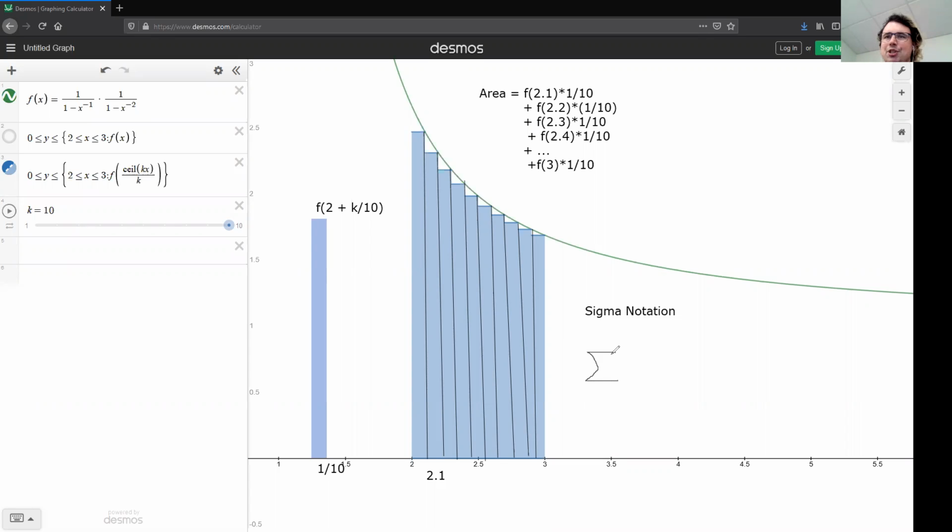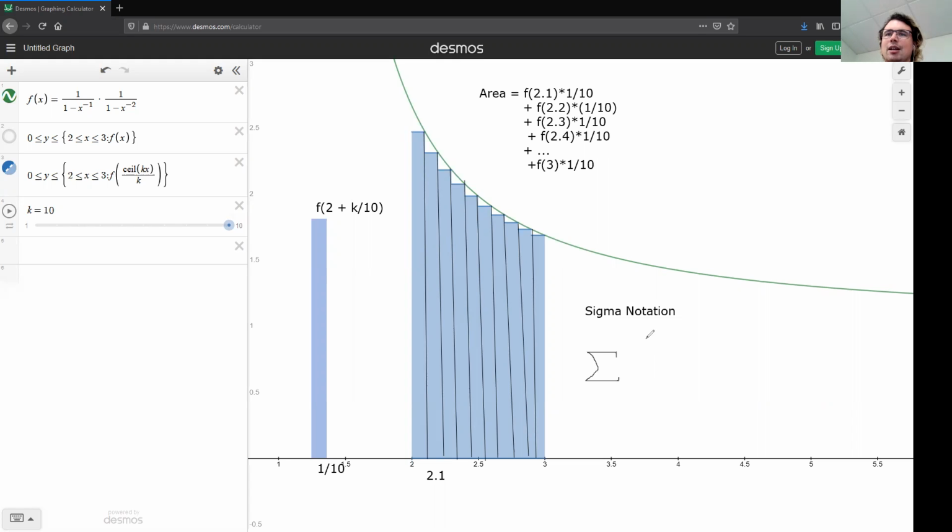So the capital sigma here, this is the Greek letter sigma. It's the Greek equivalent of the letter S in the Latin alphabet. And S is for summation. When I write this capital sigma, I mean that I'm going to be adding up a whole bunch of things that follow the same formula.